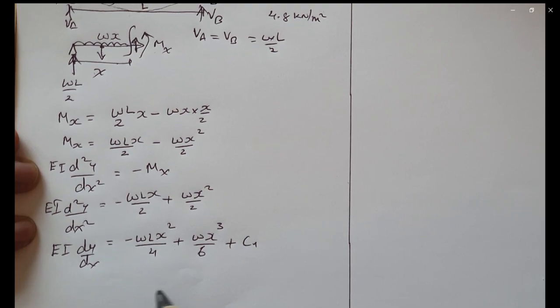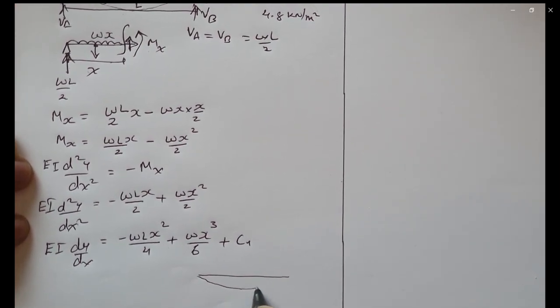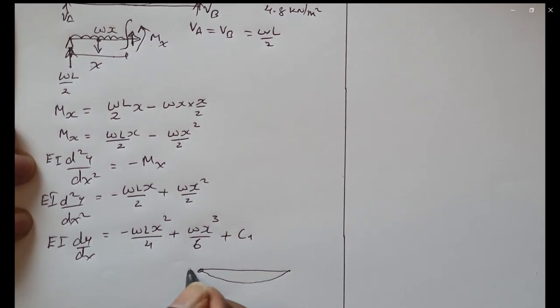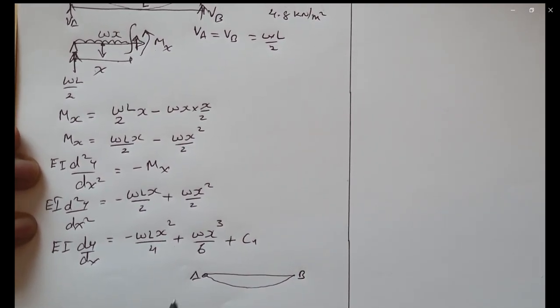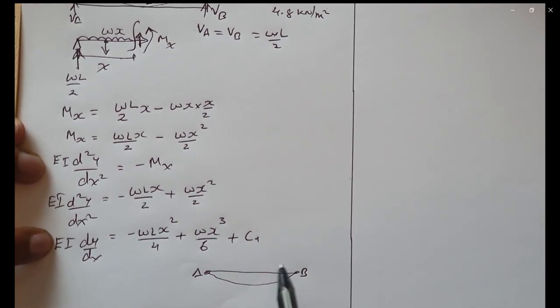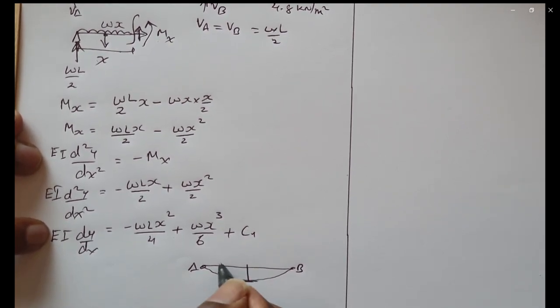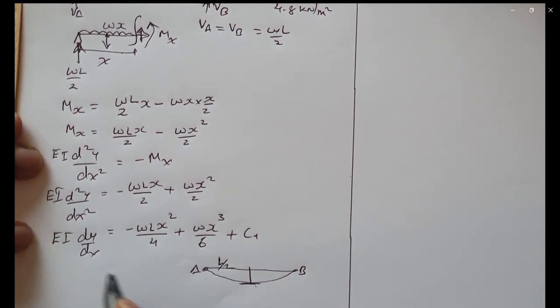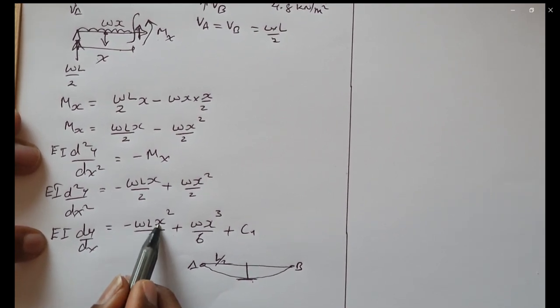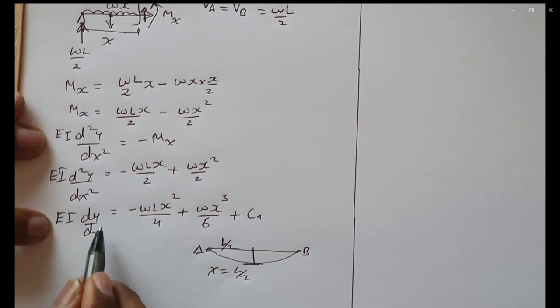So we know that when the beam deflects at points A and B, the slopes are not zero. The only place we get the slope 0 is at midspan, which is L over 2. So if we put x equal to L over 2, we will get the slope 0.